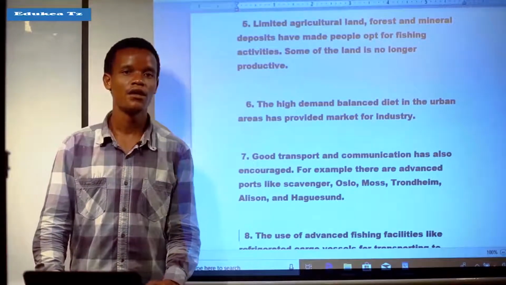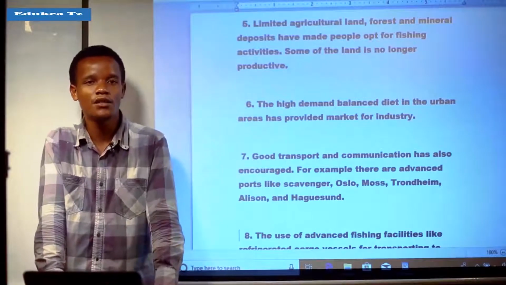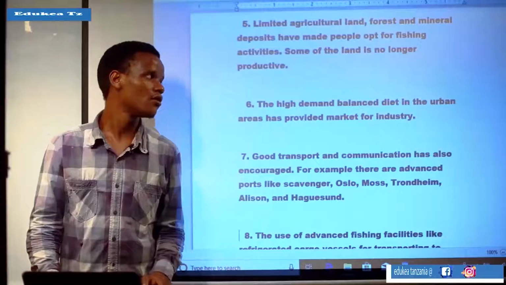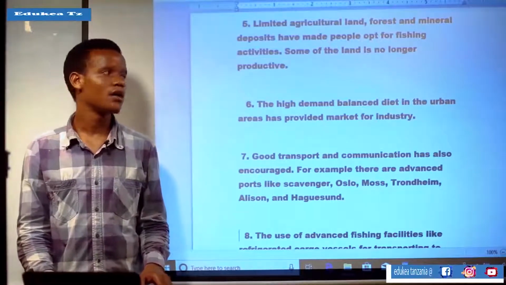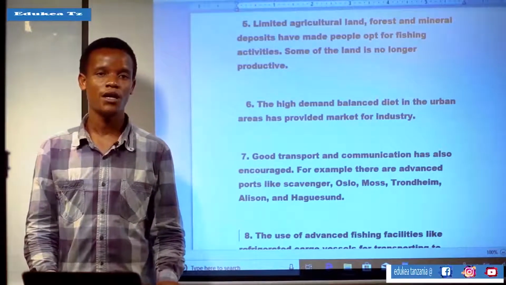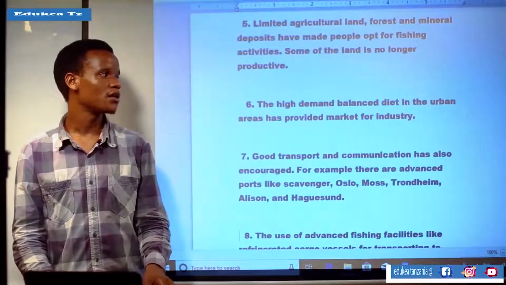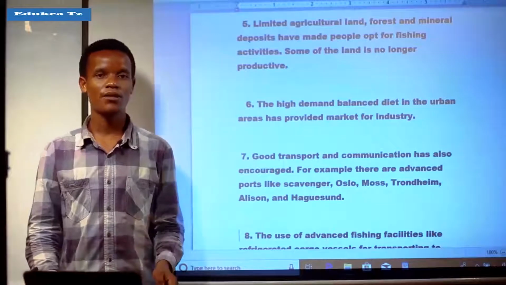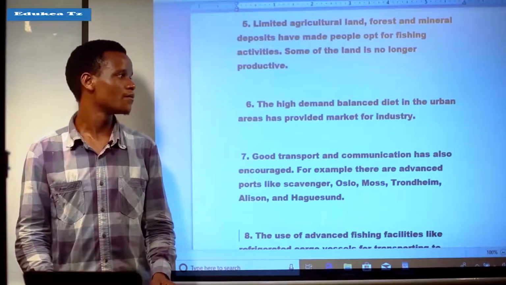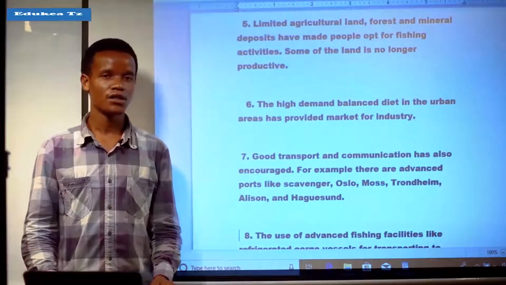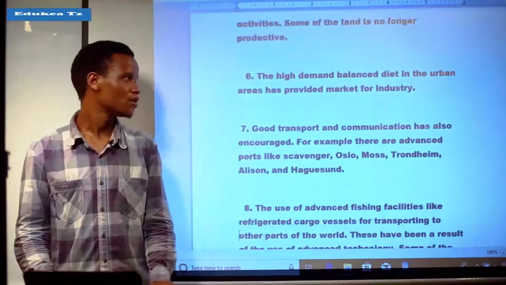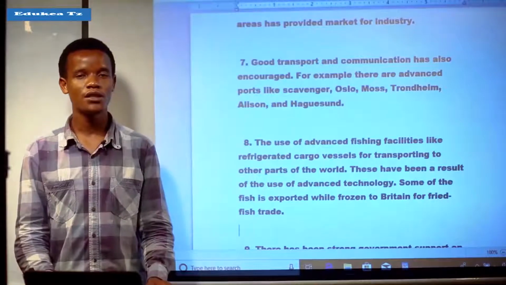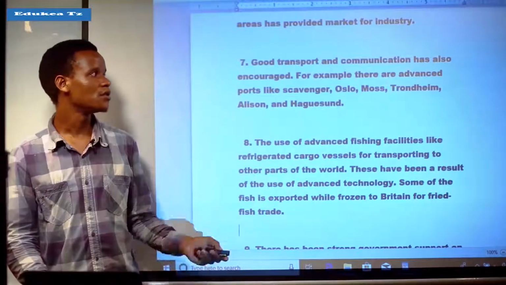Hence the fishing industry is encouraged much in Norway for the purpose of fulfilling the demands of a balanced diet among the people who are living in urban areas. So the high demand for a balanced diet in urban areas has provided much emphasis to the development of the fishing industry in Norway.